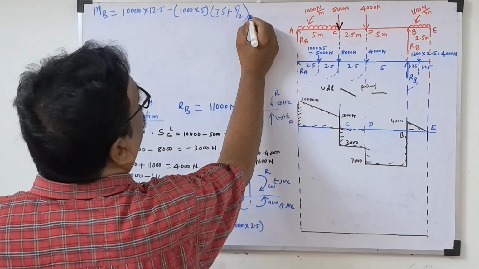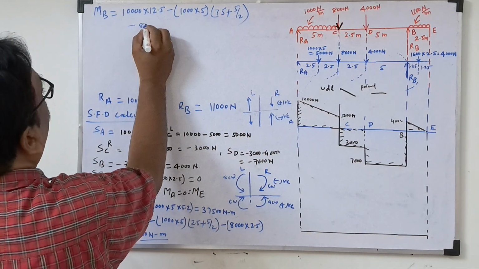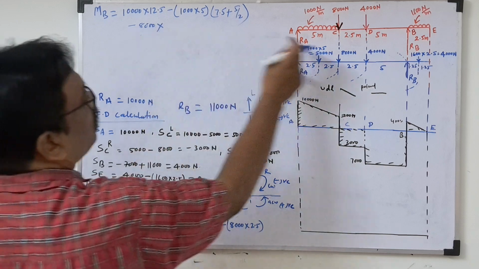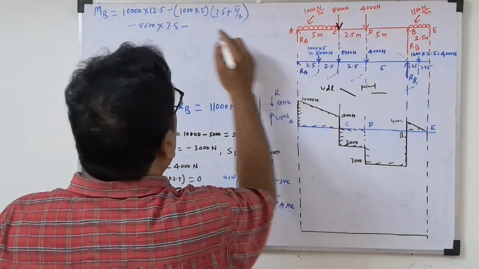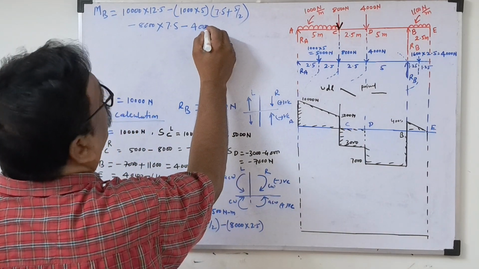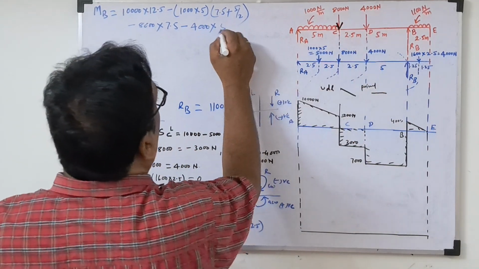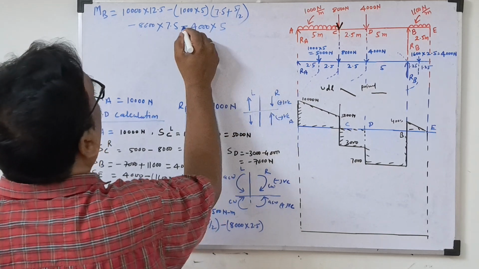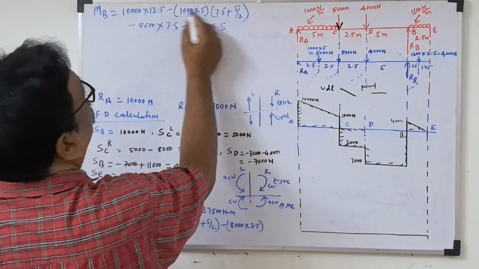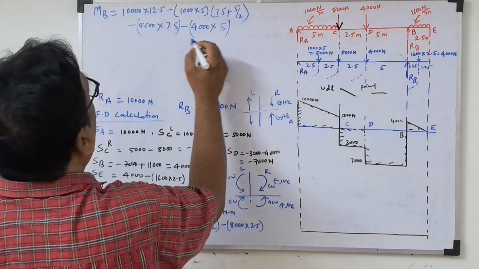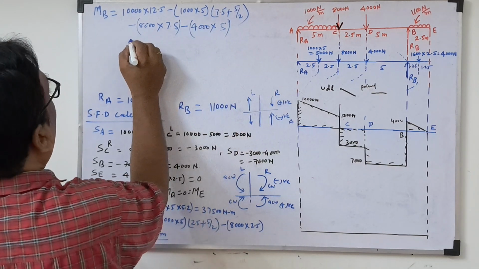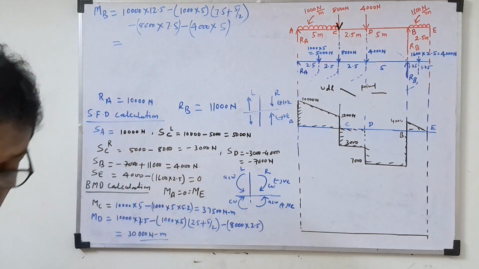Now minus right here. Minus 8,000 into total distance 7.5 minus 4,000 into distance is 5. So this way you can calculate. This negative, this also take in the bracket. So this will calculate now how much will come MB.